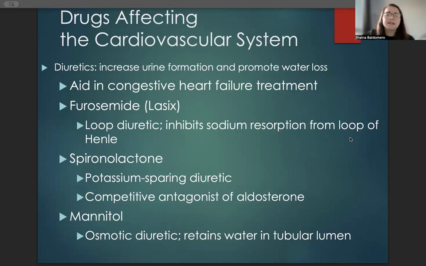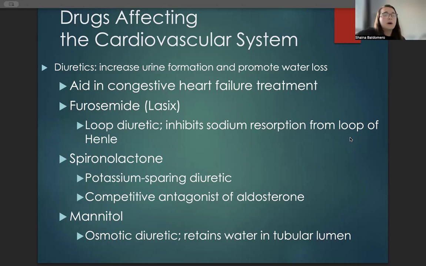Another diuretic is mannitol. You may have heard of mannitol, especially if you have ever suffered from a brain injury or know somebody that suffered from a brain or some type of head injury. Mannitol is kind of the go-to diuretic for any type of neurological swelling. So, for example, hydrocephalus would be the correct term there. That just means water within the brain.